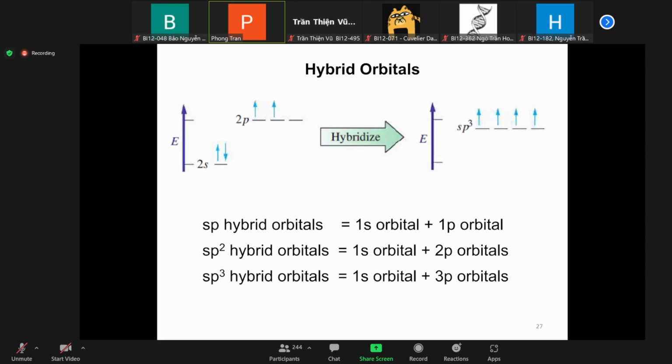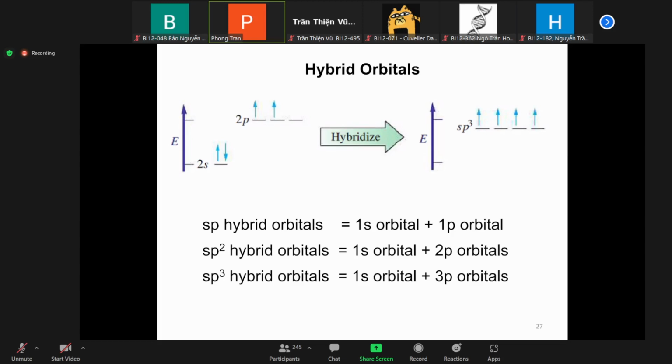Say that when you have sp hybrids and sp2, the sp has higher s character than sp2, and the sp2 has higher p character than the sp. It means the percentage of the combination is more in s for the case of sp and more in p for the case of sp2.